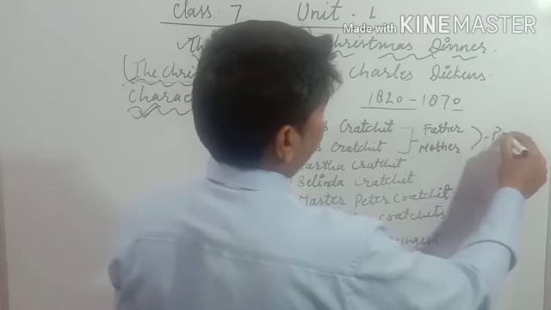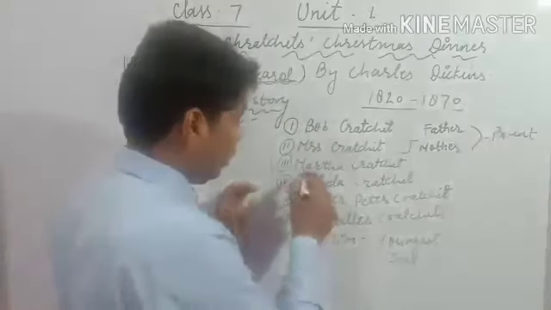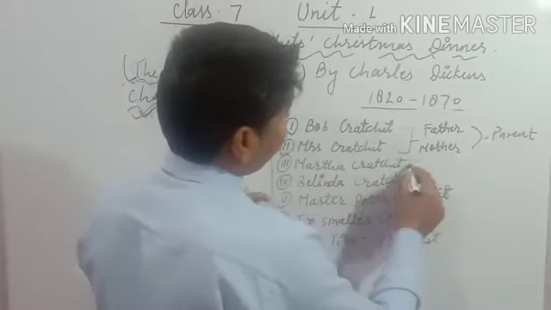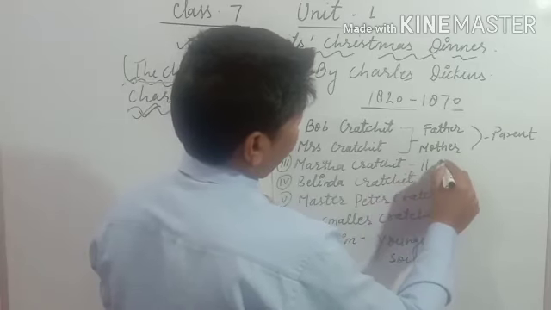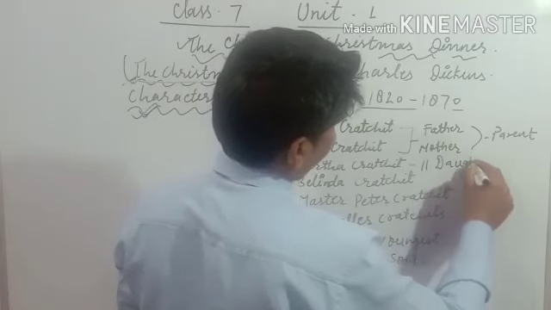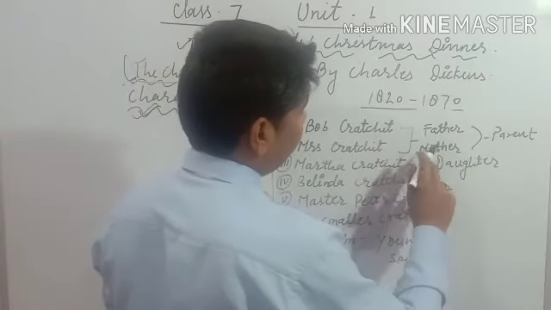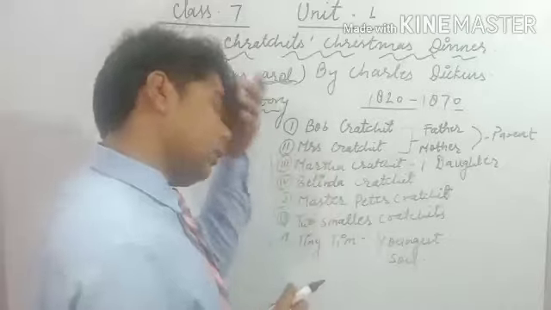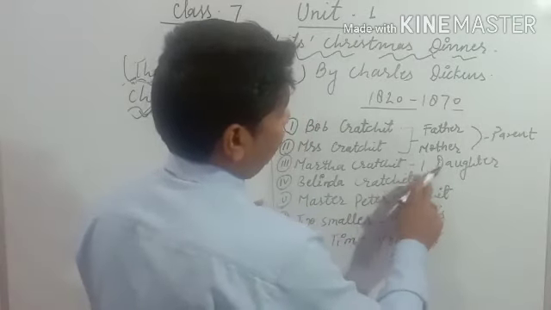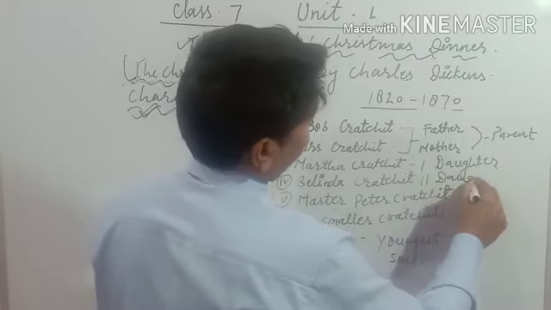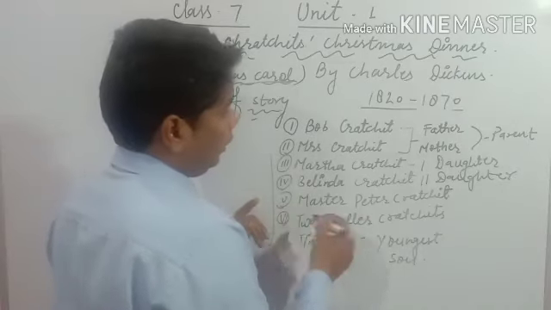Both are also considered parents. Martha is a girl, and Martha was the first daughter, and Belinda was the second daughter of Bob and Mrs. Cratchit. And Master Peter was the younger son.